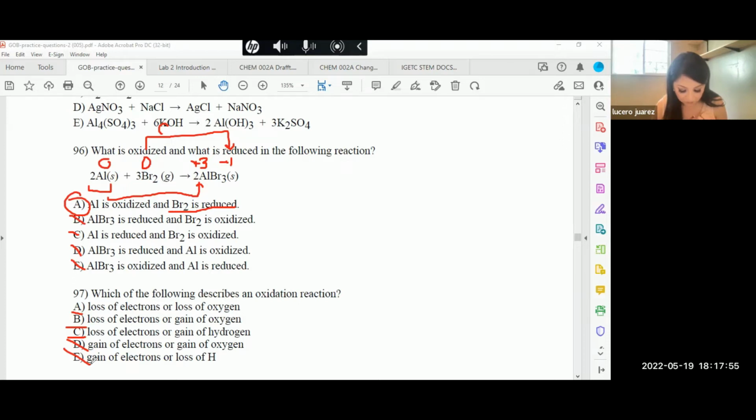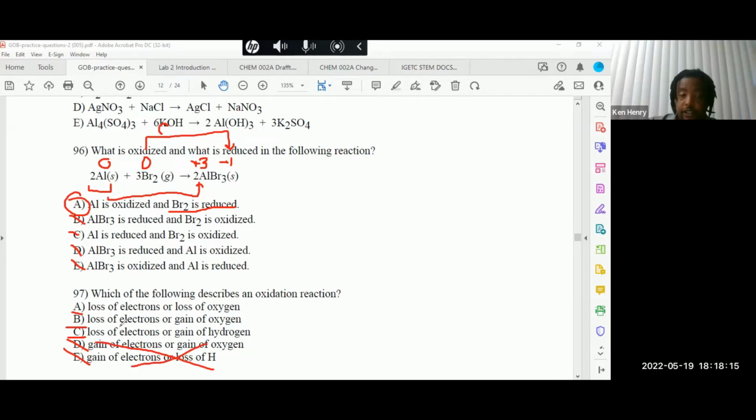Loss of electrons or loss of oxygen; loss of electrons or gain of oxygen; loss of electrons or gain of hydrogen. So what about C? You said C is no good? No.